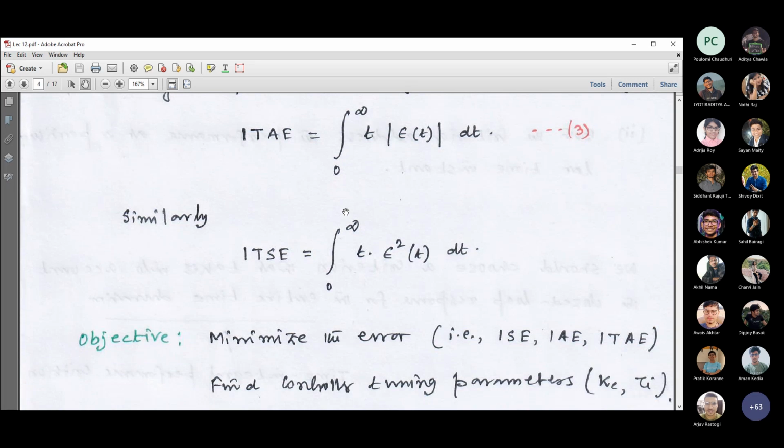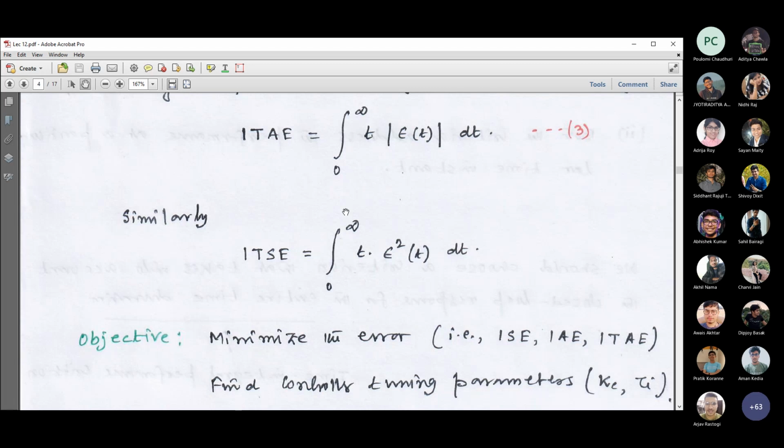Okay, so these are our time integral criteria. Now, what is the objective? We want to minimize any one of these errors. So the errors we have considered are ISE, IAE, ITAE, or maybe ITSE.